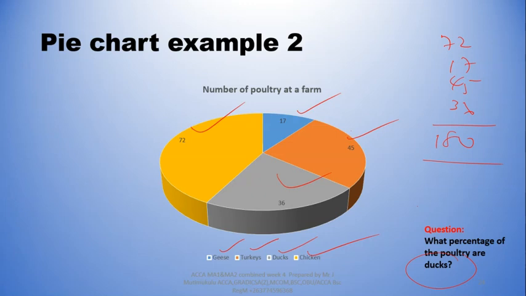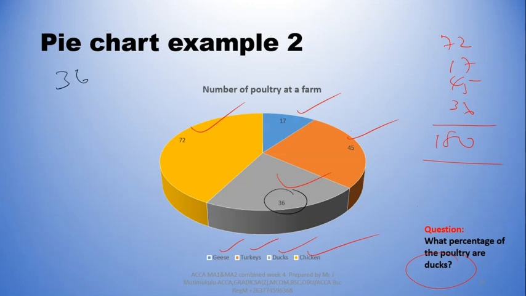Okay, so you've got 72, 17, 45, 36. So 180, that's fine. So we know that ducks are represented by 36.